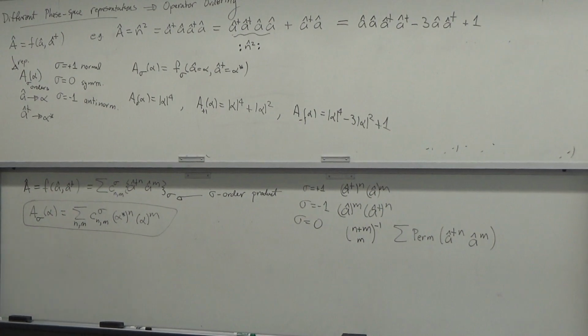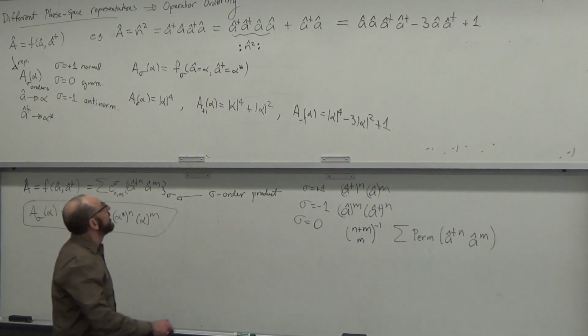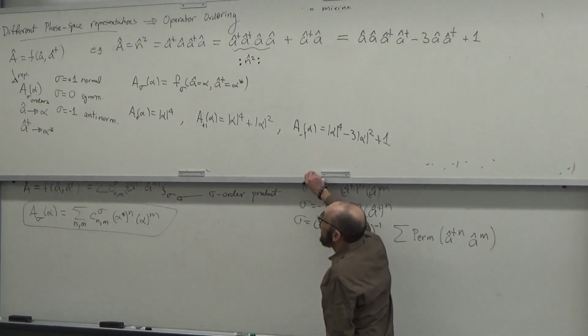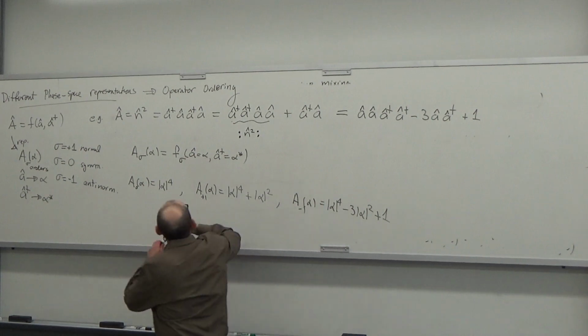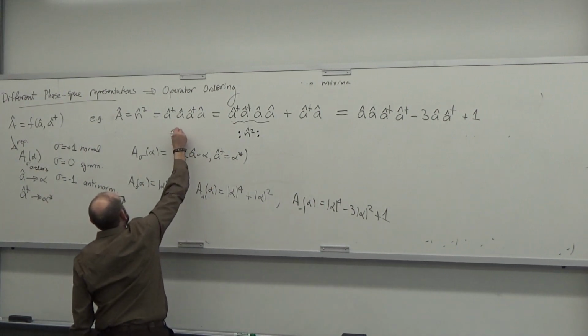Yes, sir? So the operator takes form of A. Is the sum also with sigma? Or are you choosing? I'm choosing a sigma. Okay. So this is for a given sigma, right? So, as I said, we did this process by hand here. In this case, sigma equals 0.